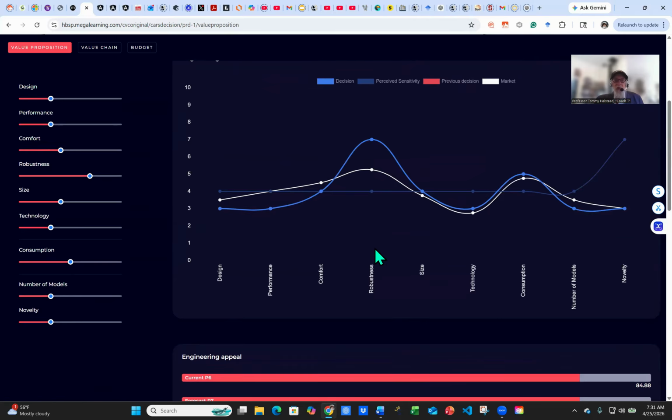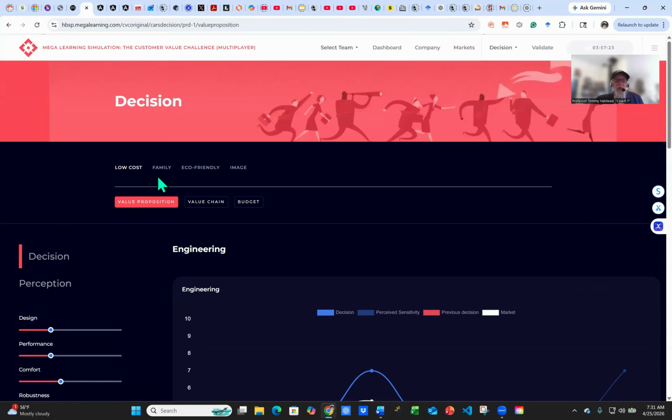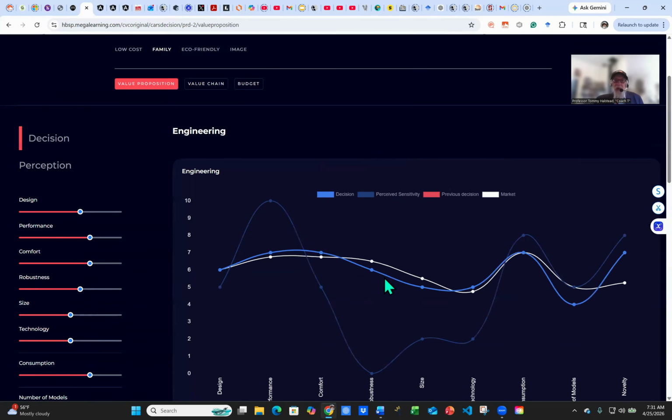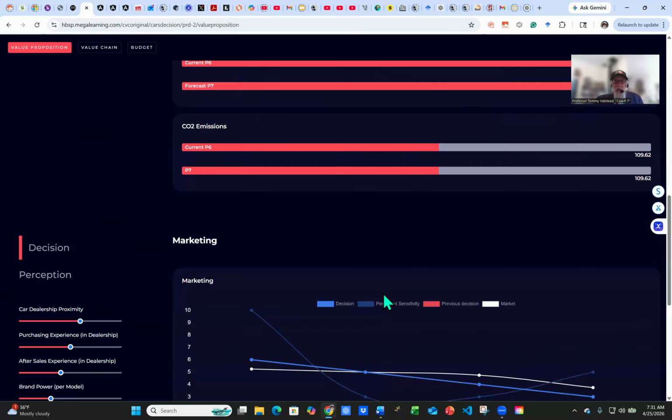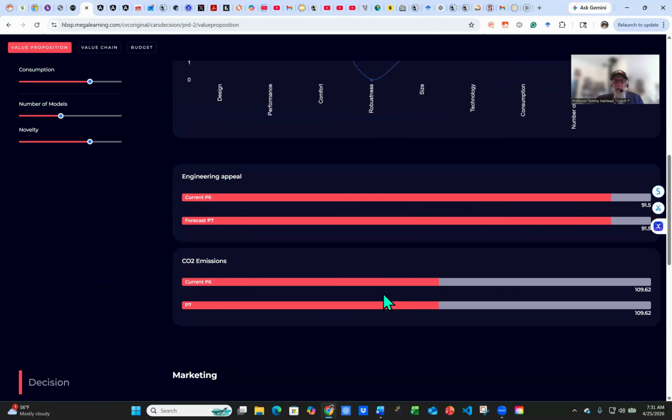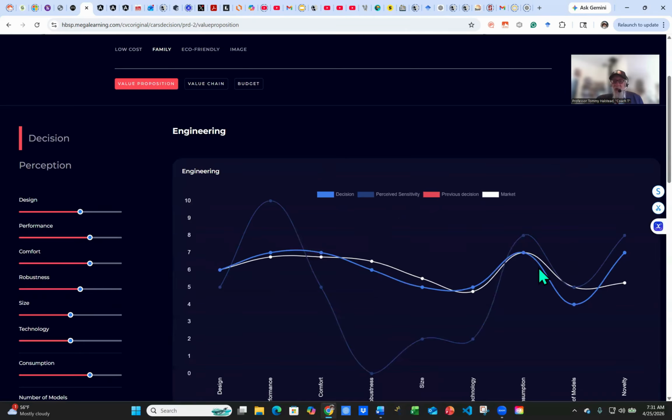Let's look at family, where my counsel to Red would be especially on family here. The match isn't too bad, but we remember it was lots of over-inventory again. Marketing, not too bad, not a big gap. This is outstanding.